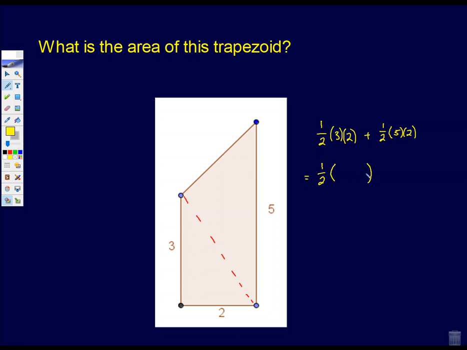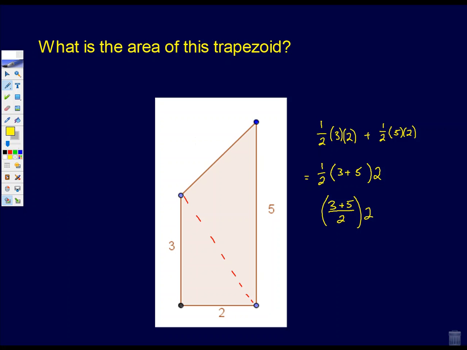I would like to remove the 2, as the so-called height of the triangles, and put it over here. And then the 3 and the 5 add together. If I rearrange it one more time, I can write it like this.